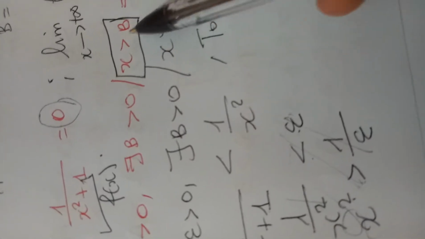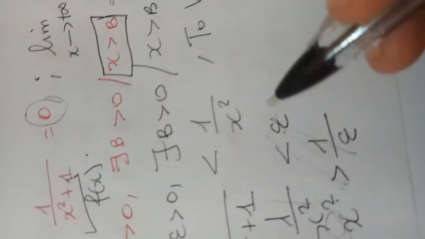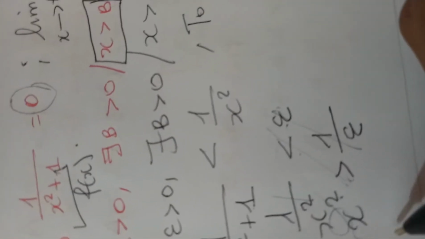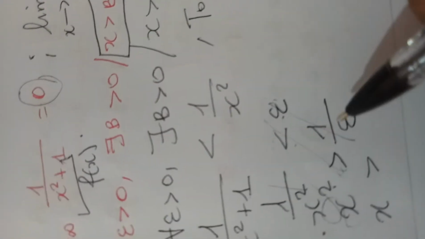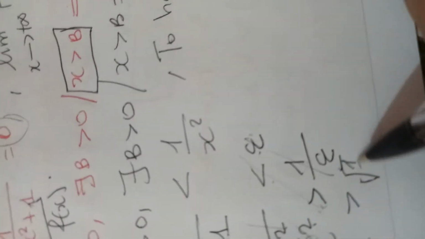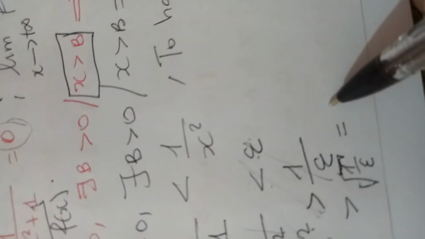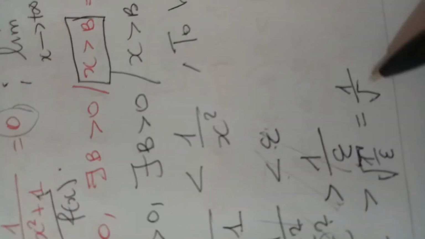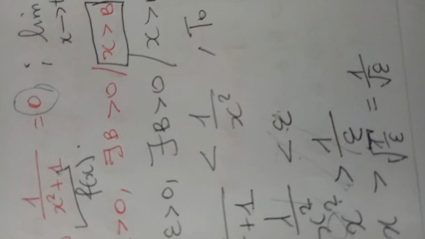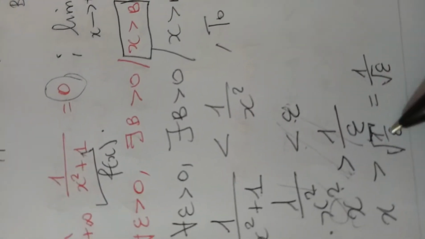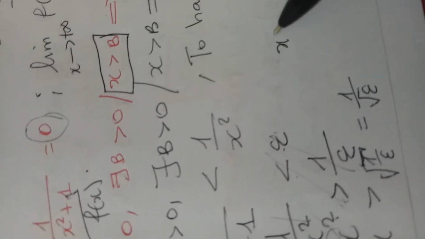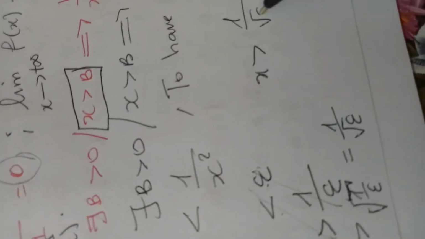So now I'm looking for what b is. So what can I do? I can have x greater than the square root of 1 over epsilon. The square root of 1 is 1, and then the square root of epsilon. So this is now in the form of x greater than 1 over the square root of epsilon.